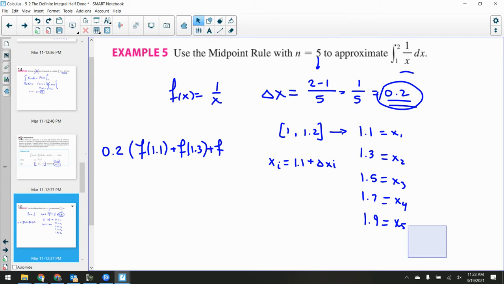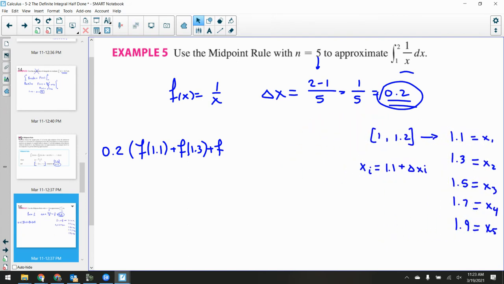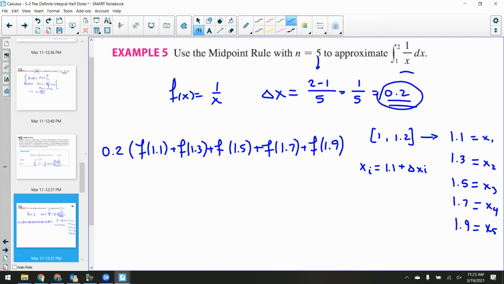I'm going to have to do this. f of 1.5, come on now, plus f of 1.7. Oh, one more, plus f of 1.9. 5 strips, right? 1, 2, 3, 4, 5. Yep, count them up. Okay, now you don't have to go through this process every time. If you're really good at this, you can say I don't have to write it as f of that thing, I can just plug it in. I'm okay with that. But I'm just kind of reinforcing what's happening here.